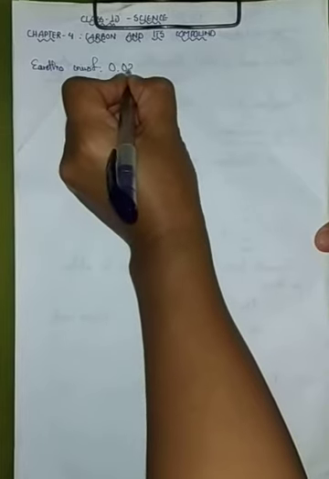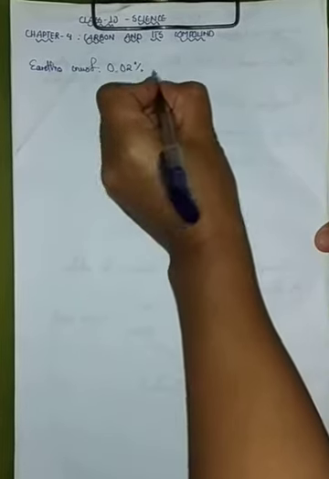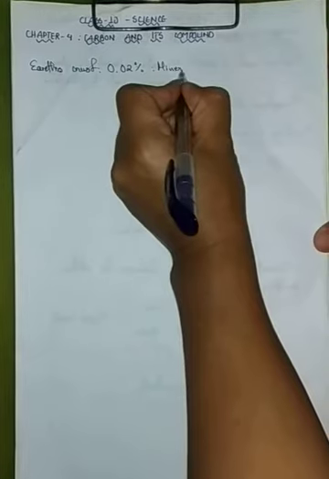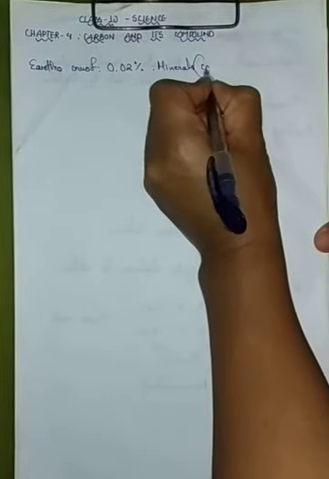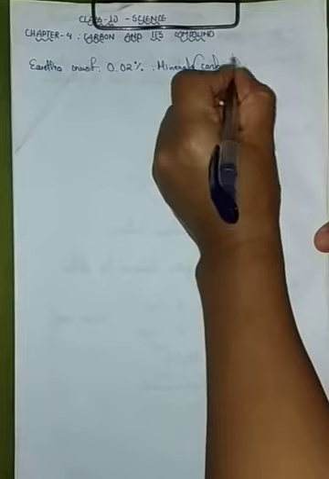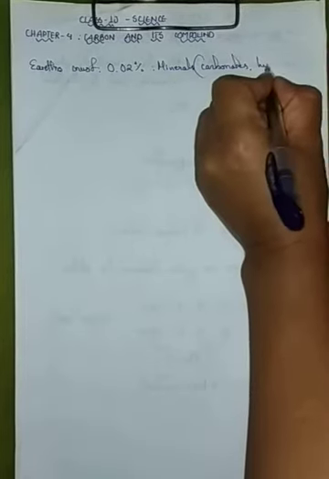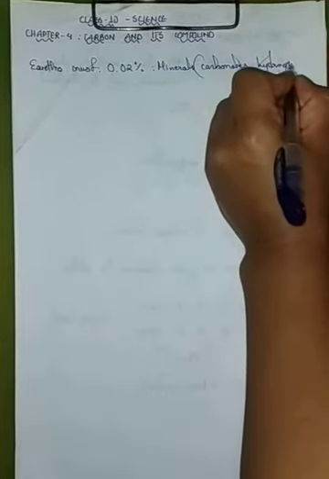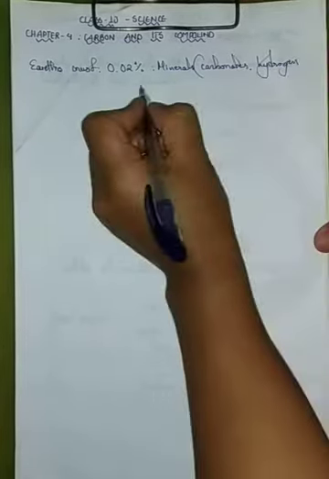Now, the amount of carbon present in nature: in the earth's crust, carbon is found to be about 0.02%, in the form of minerals, that is carbonates, hydrogen carbonates, and coal and petroleum.